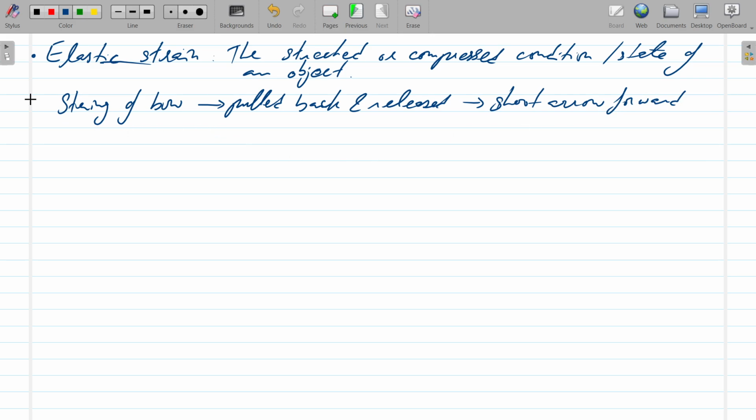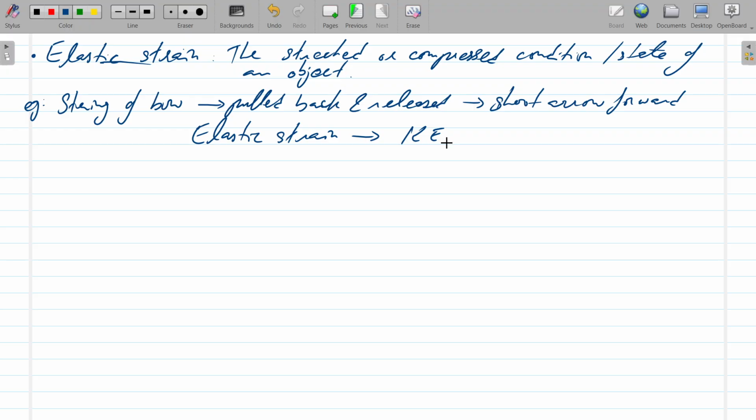And so over here, the kind of energy transfer you have is elastic strain energy to kinetic energy of the arrow. So not only is the form of energy being changed in transfers, the energy is also being transferred from object to object.